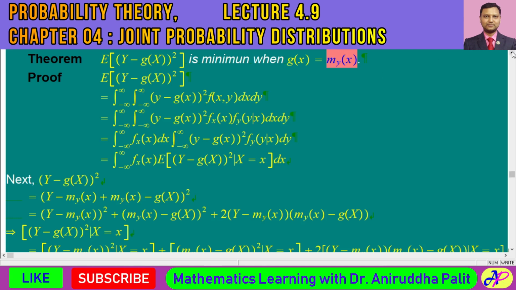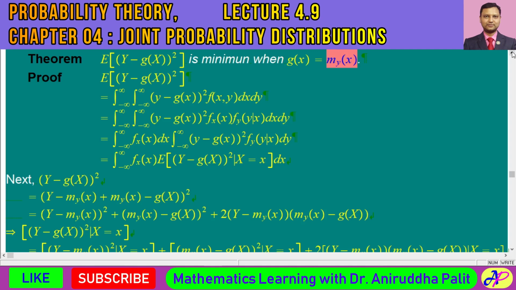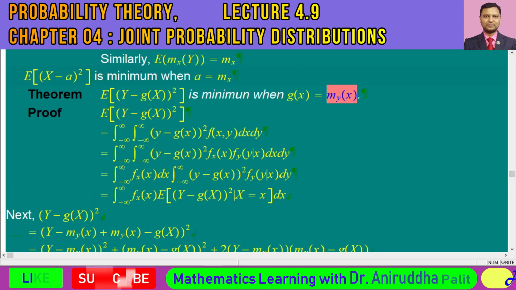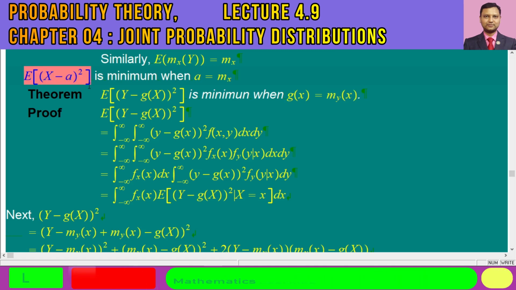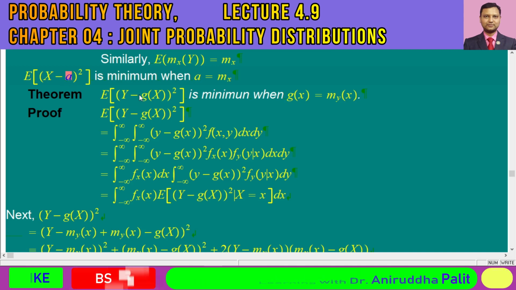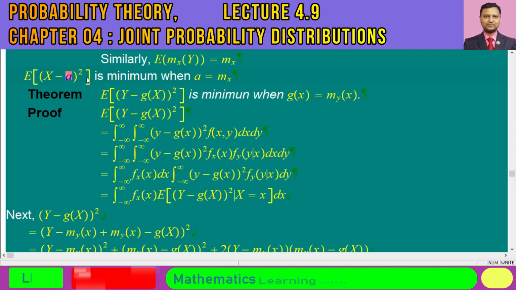All right, and this would be very much similar to the result in the case of a function of a single variable. We had a result that the expectation of (x minus a) whole square. Over here, a was a constant, but in our case, g is actually a function of x.